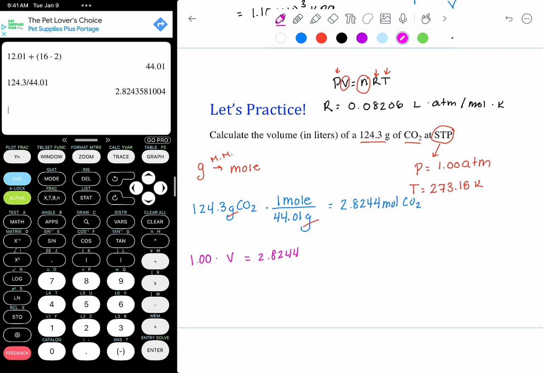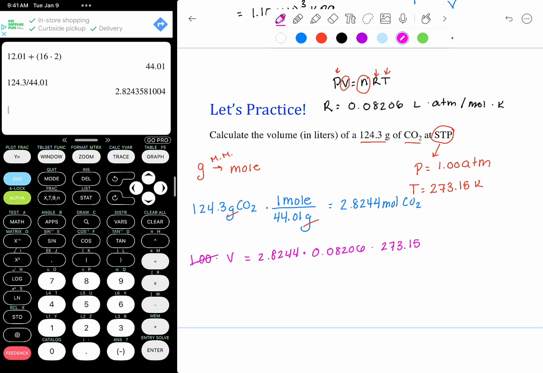The R value that we need is 0.08206. And the T value comes from STP of 273.15. Okay. Solving for V, we don't need to do anything. That 1 is just going to cancel itself out because it's 1.